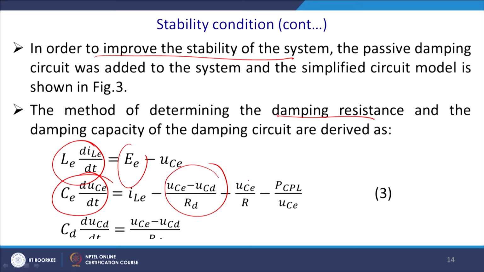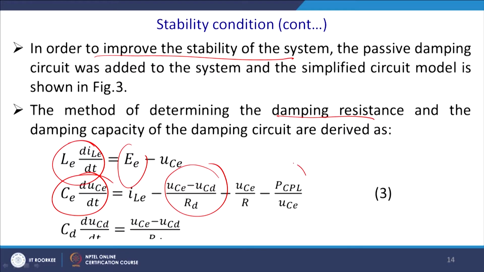Since it is a high frequency, we assume that the capacitor C2 is shorted. Ultimately, what you have is Cd dUcd/dt equal to (Uc minus Ucd) by Rd.